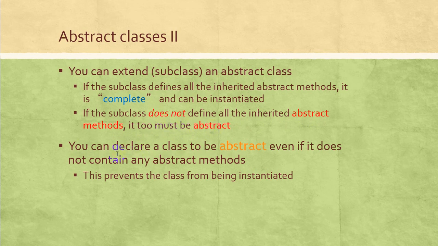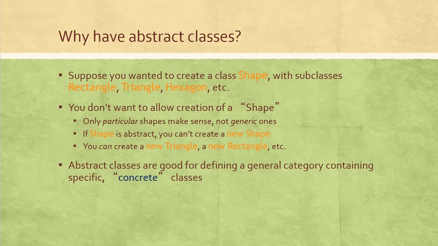So we have already discussed this. You can declare a class to be abstract even if it does not contain any abstract methods. A class can be abstract, right? Even though it does not have any abstract methods, but once you have declared any method as abstract in a class, that class should be declared as abstract as well. That's the rule. We have abstract classes.